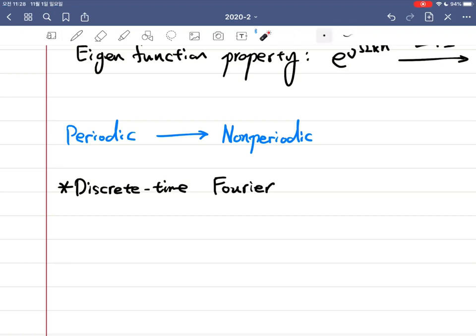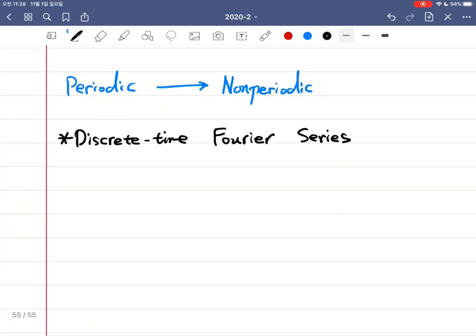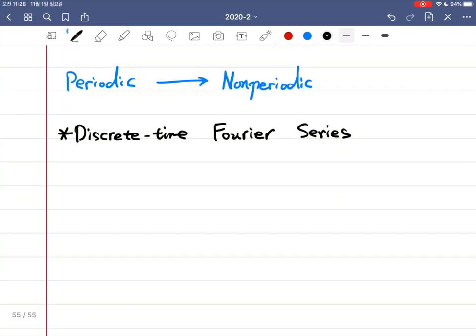Obviously the periodic signal will lead to Fourier series. So now it's a discrete time case, and it should start with a periodic signal. So this discrete time x of n is assumed to be a periodic signal.